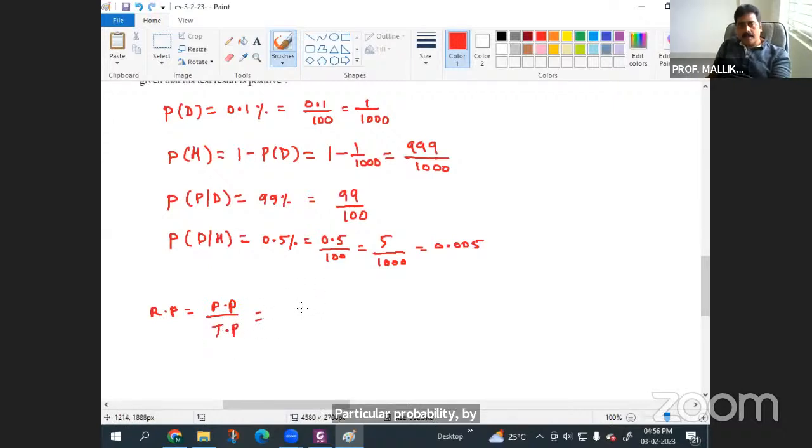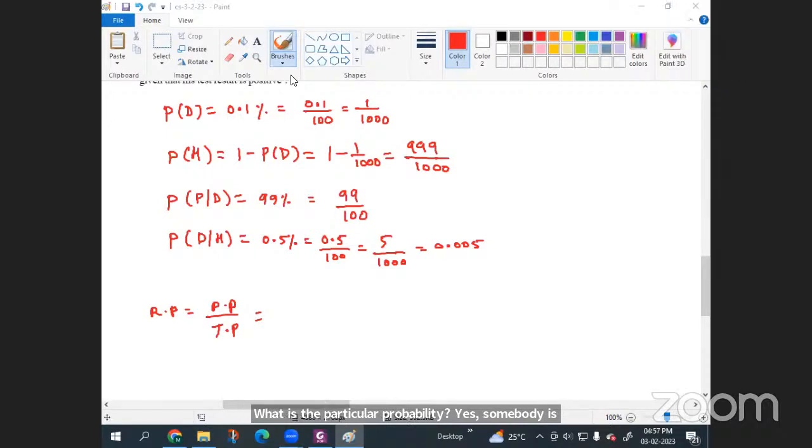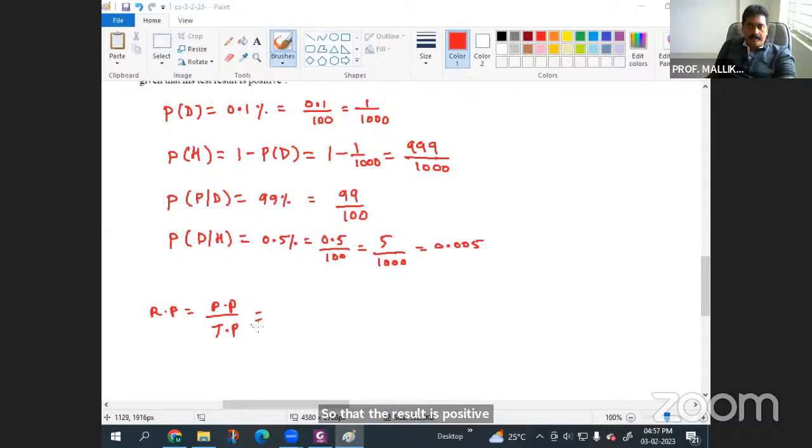That equals what? What is the particular probability? So that the result is positive. Yeah, the result is positive.